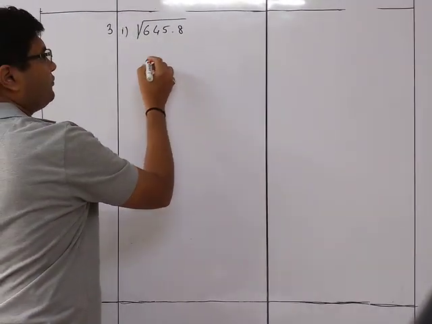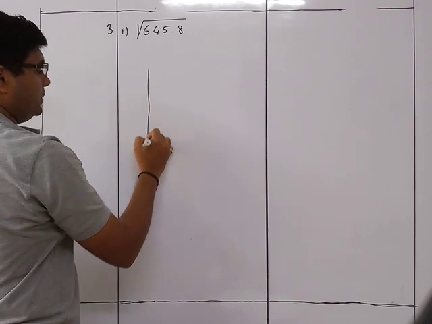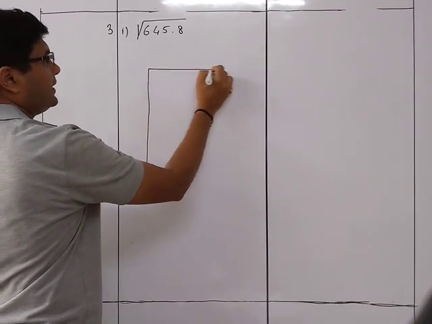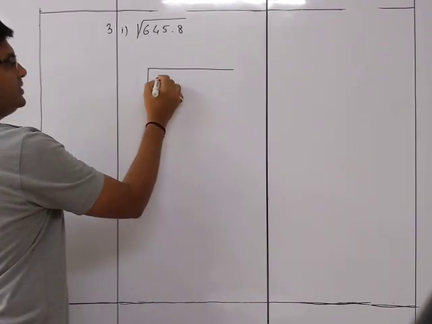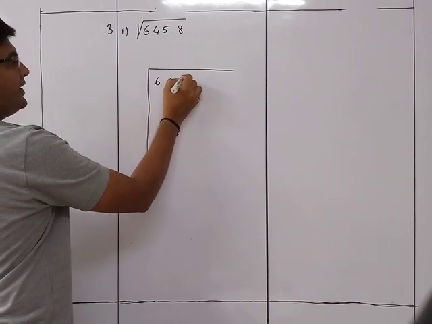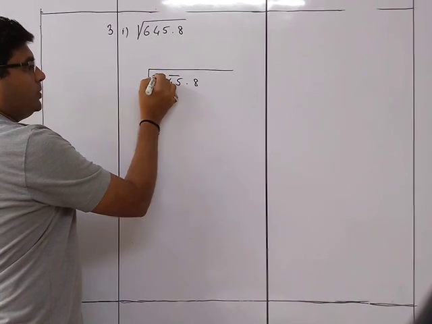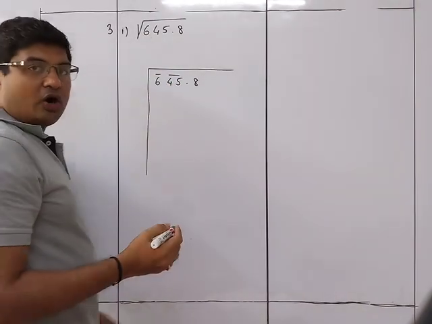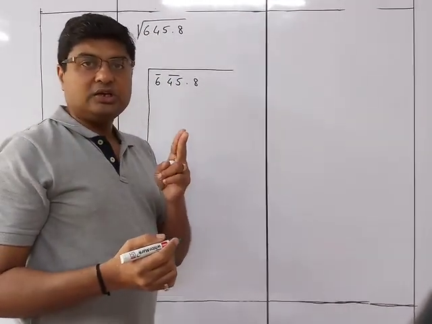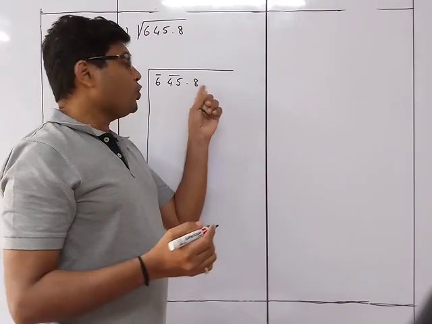So first of all, as usual, we'll make this particular kind of framework. So it will be 645.8. Now this side we know it will be like this. Now because I want to go for 2 decimal places, I need minimum 2 pairs over here.